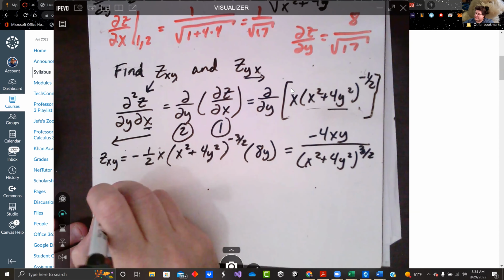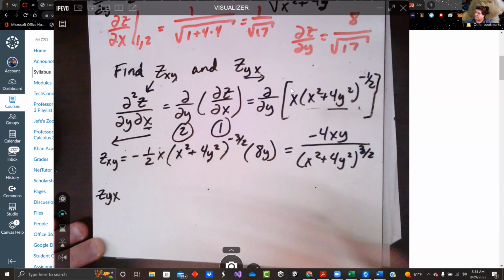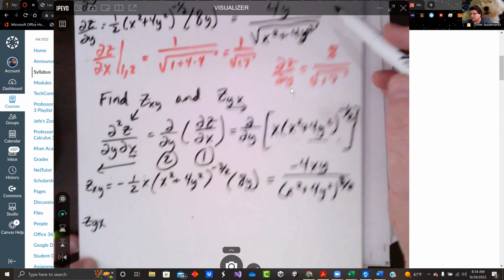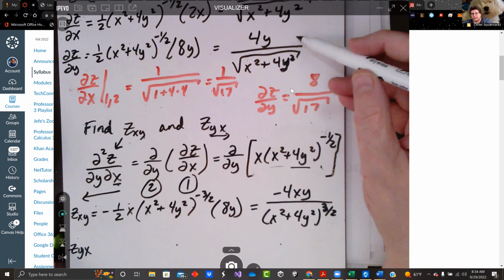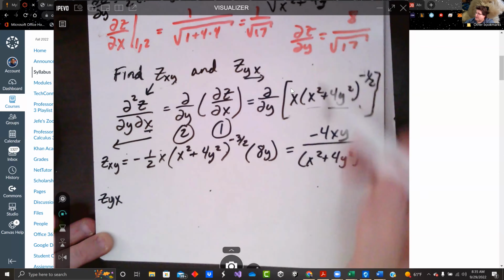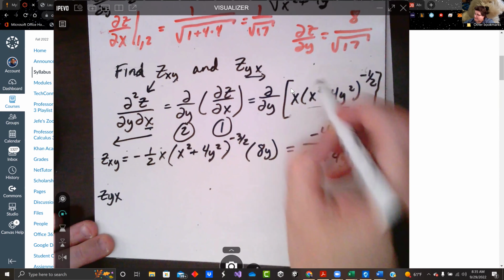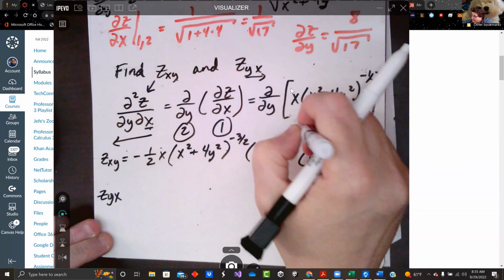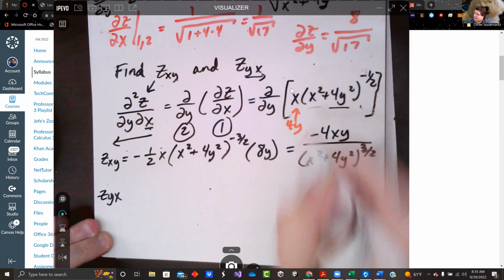Now we take a look at Z_YX, which means we're starting with this one right there. So it should have this, but instead of the X right here, I have 4Y on the other version.